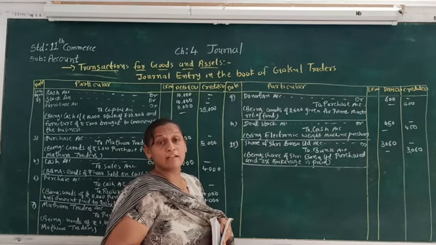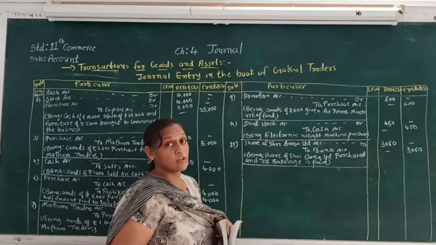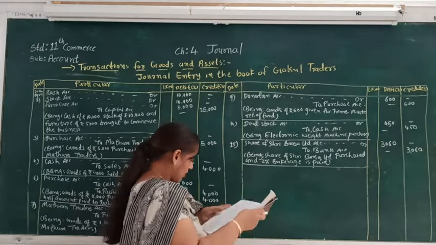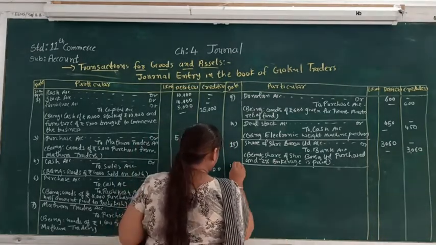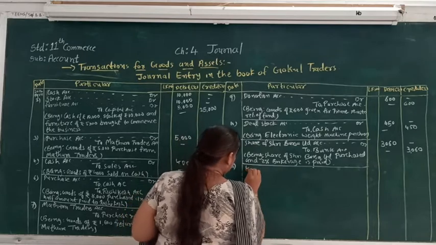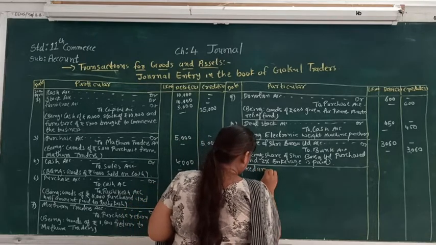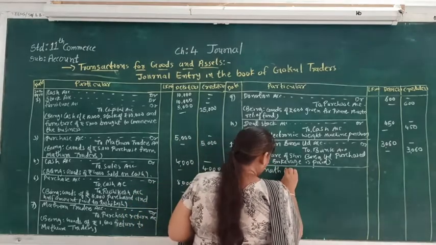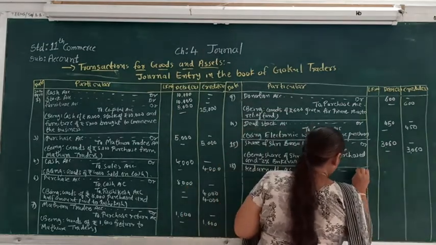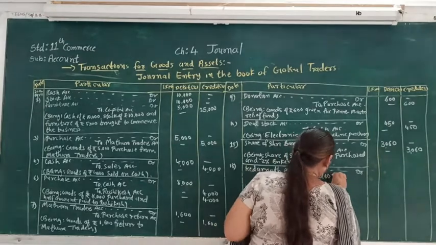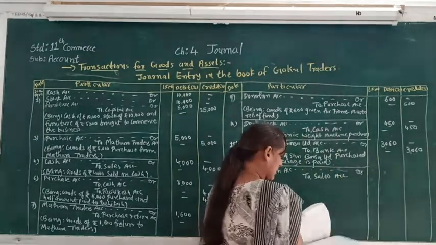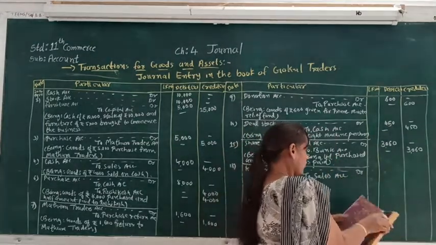So our journal entry will be Kedarnath account debit to sales account on 18. Kedarnath account debit to sales account, and amount will be 4,000.